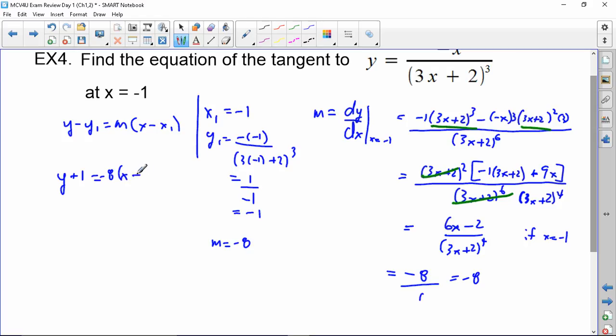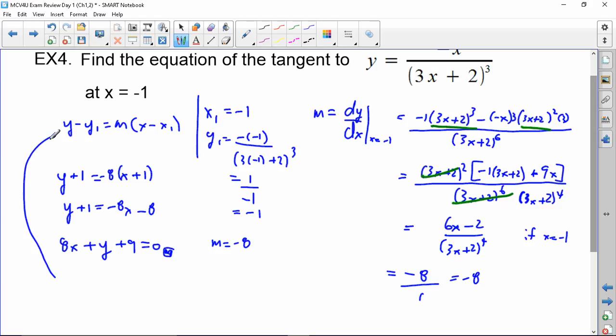X is -1, so that's a plus. And then tidy this up. Standard form, why not? Y stays there, put the 8 on the other side. Done.